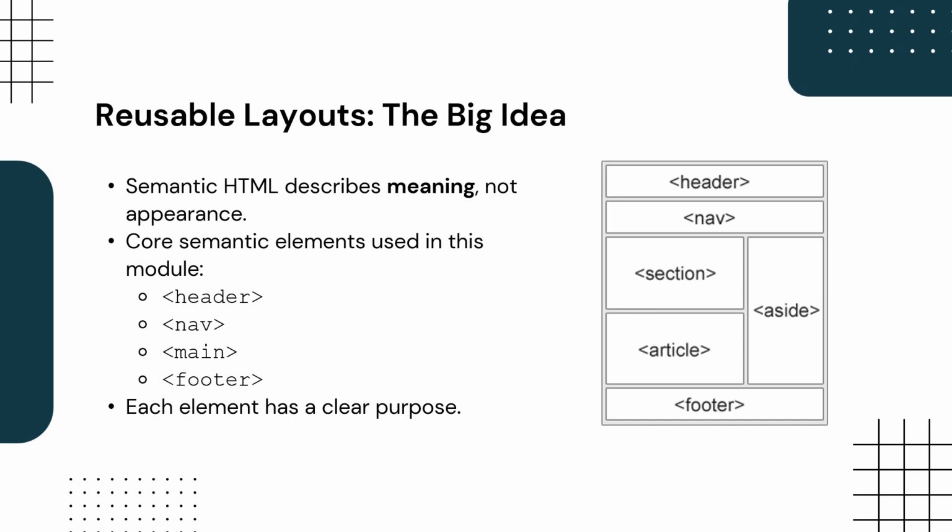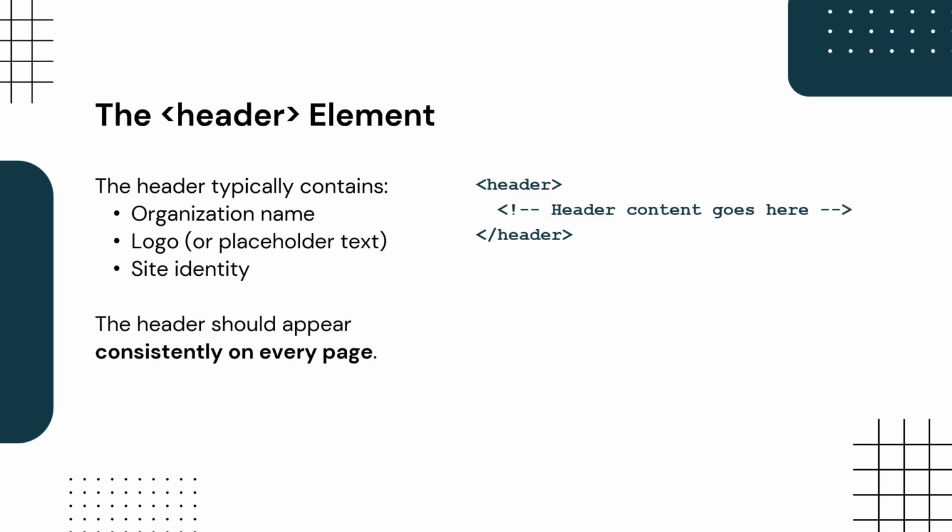For this module, every page in your project should include these core elements: a header, a nav, a main element, and a footer element. Now let's briefly talk about what each one of these represents. The header element usually contains the identity of the site, such as, for your project, maybe the nonprofit's name or the logo.